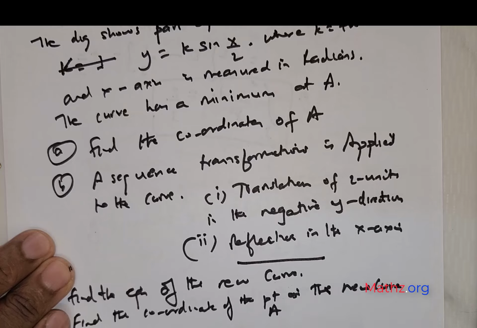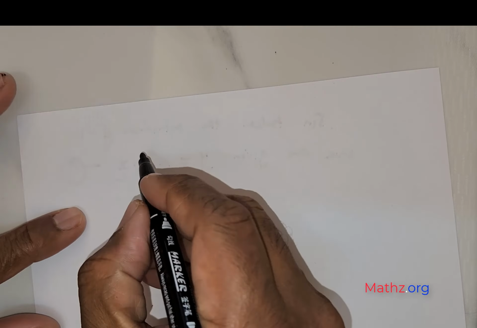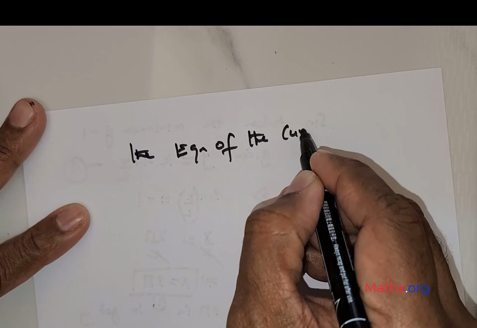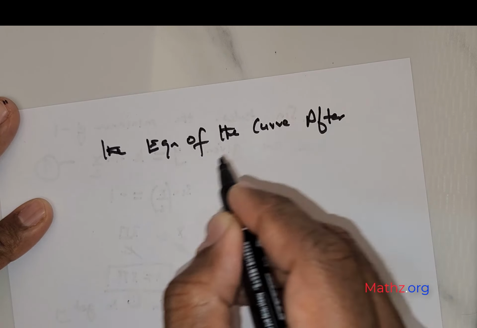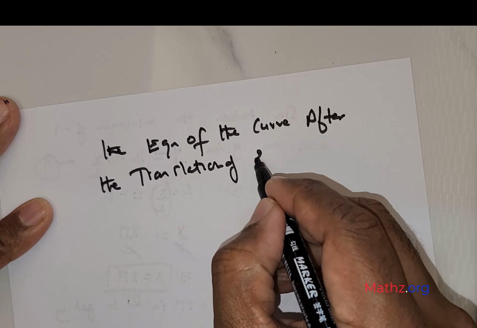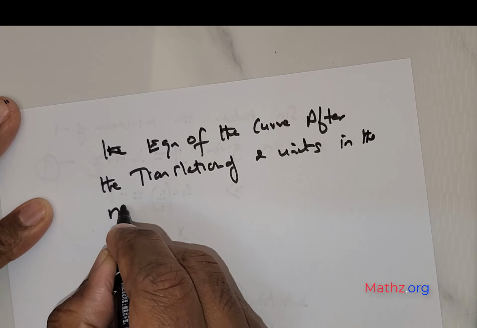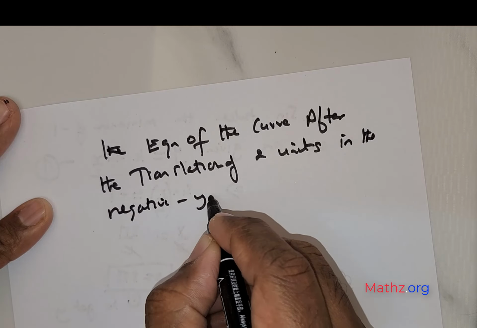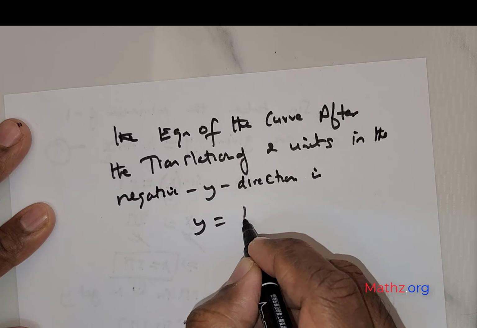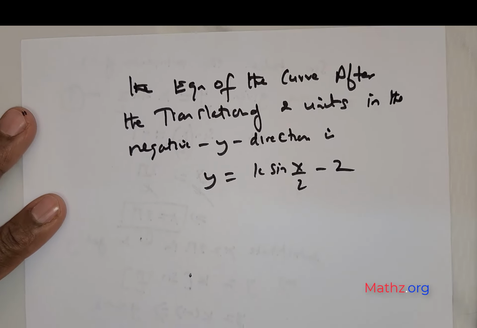Now next is reflection. So what does that mean? So we have the new curve, the equation of the curve after the translation of 2 units in the negative y direction is y is equal to k times sin x over 2 minus 2.